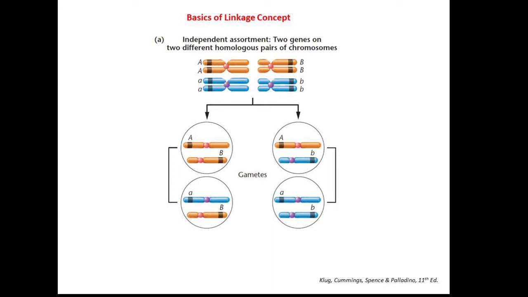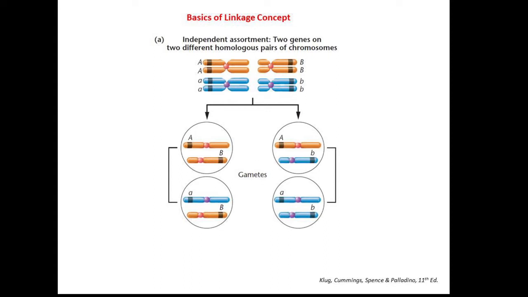When we say genes are linked, that means the two alleles present side by side at two different loci pass from one generation to the next in the same conformation. If not, then we say the genes are not linked with each other.